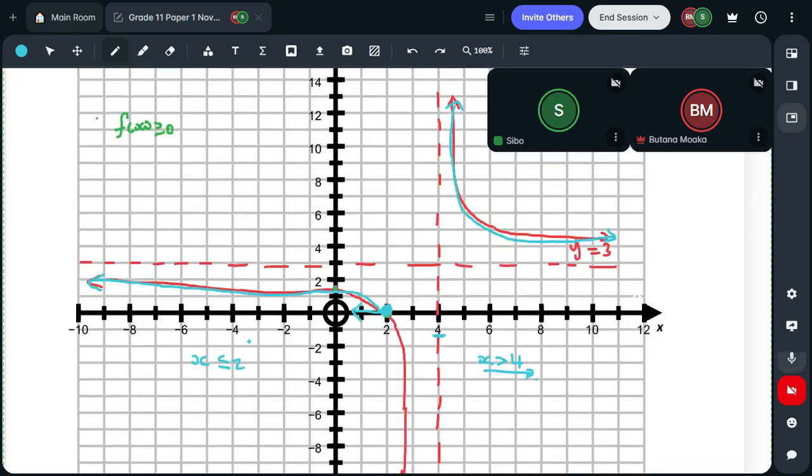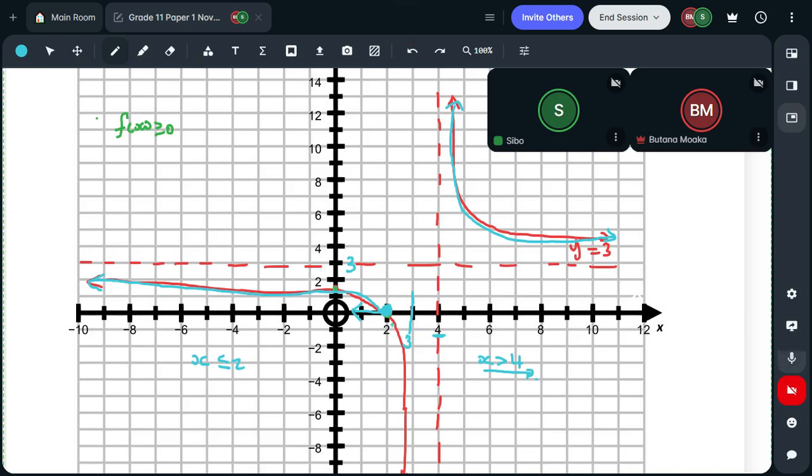Here is my 3 for the x, and this is my 3 for the y.